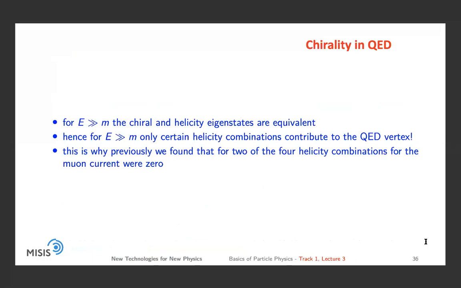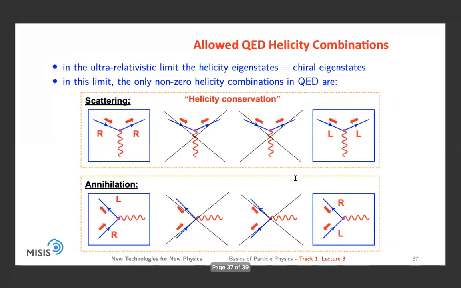And this basically is also equivalent to the result which you obtained previously for the so-called helicity conservation. So again, just to go over the conclusions, in the ultra-relativistic limit, the chiral and helicity eigenstates are equivalent, and therefore for this limit, only certain helicity combinations contribute to the QED vertex. That's why previously we found that 2 out of the 4 helicity combinations for the muon current were 0.